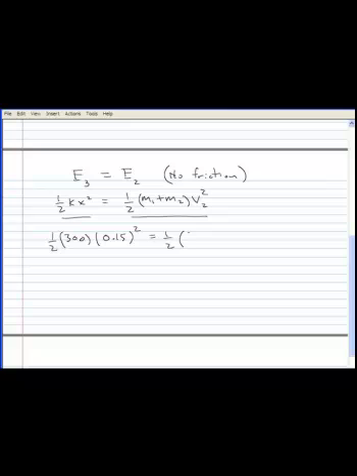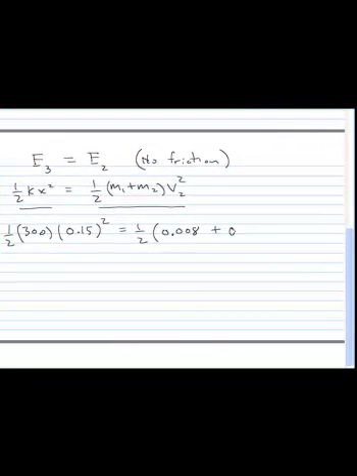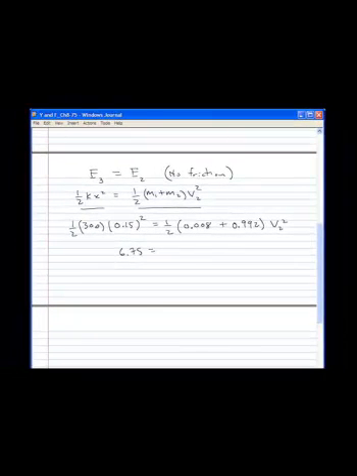And 1/2 the mass of the bullet, 0.008 kilograms, plus the mass of the block, 0.992 kilograms, times V2 squared. And I got 2.60 meters per second for the velocity of the block plus the bullet at time 2. That's not what we're interested in, though.